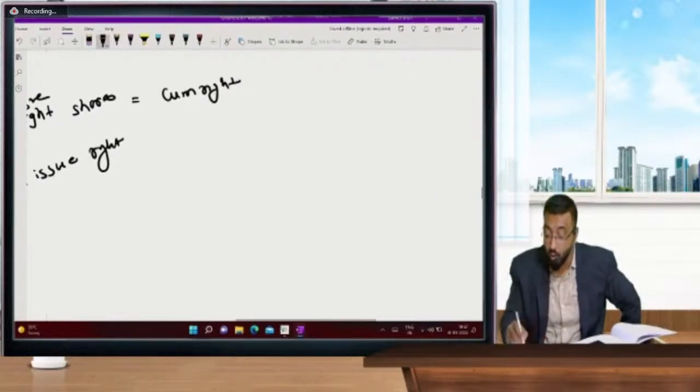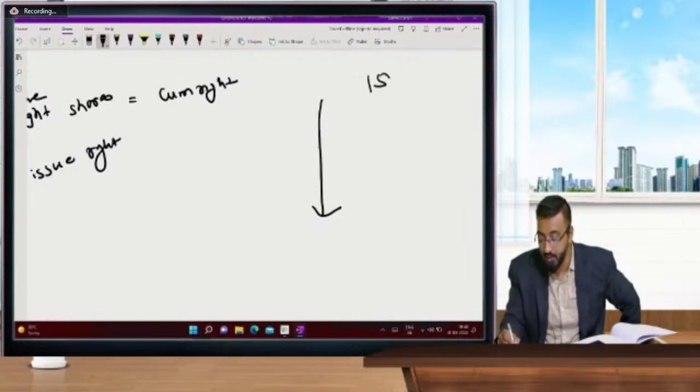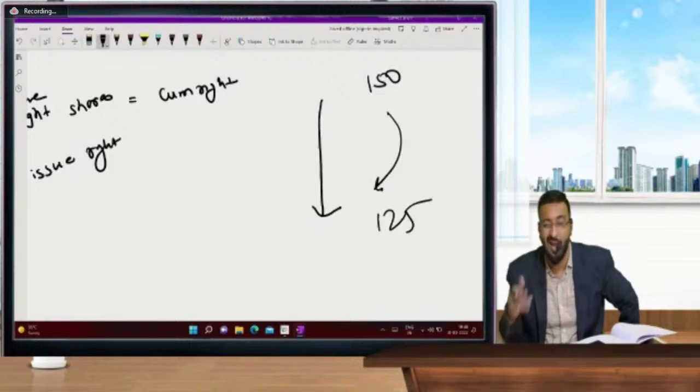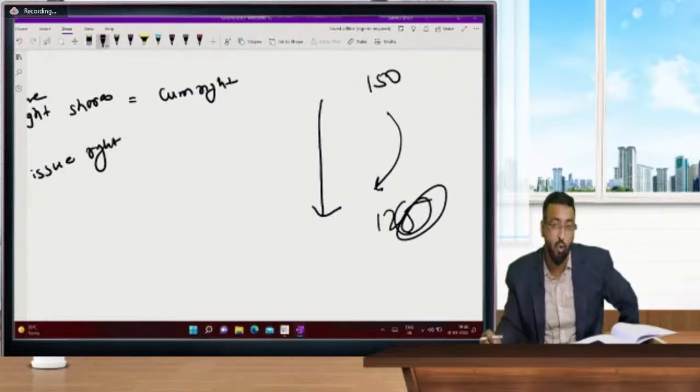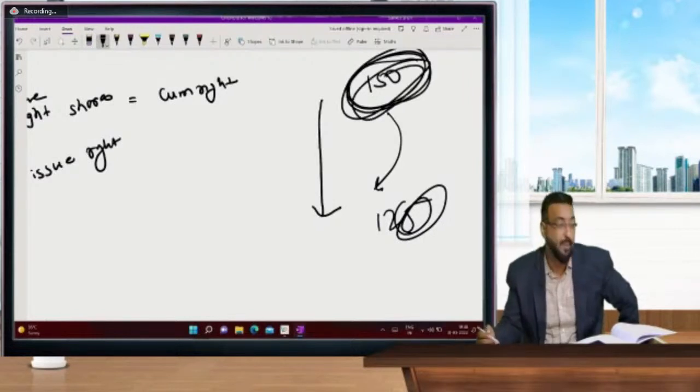After the issue of right shares, the market will go down. Why? Because supply is more. Before right shares it is 150, and after the right issue the market falls to 125, assume, or 120. How to calculate ex right, I am going to tell you, don't worry. So this 150 is called the cum right price.